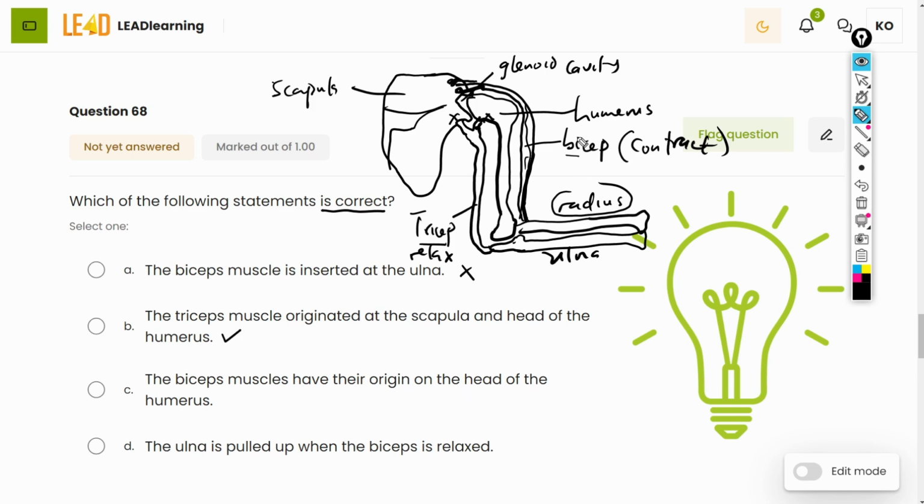The bicep, we can see, has its origin all at the scapula. So this is not true. Option D, the ulna is pulled up when the bicep is relaxed. The ulna, from what we can see here, is not pulled up when the bicep is relaxed. The ulna is pulled up when the bicep actually contracts. So this is also not correct. So our correct answer is option B.